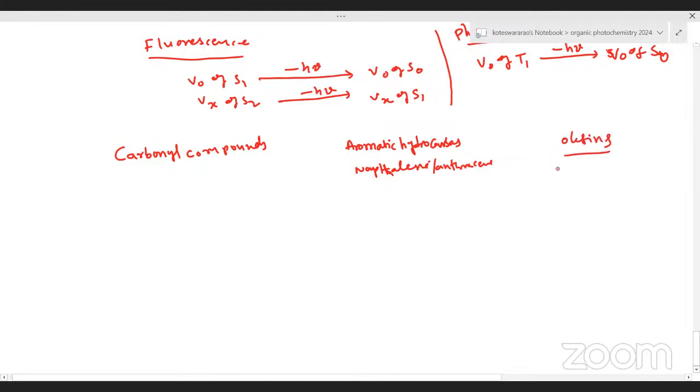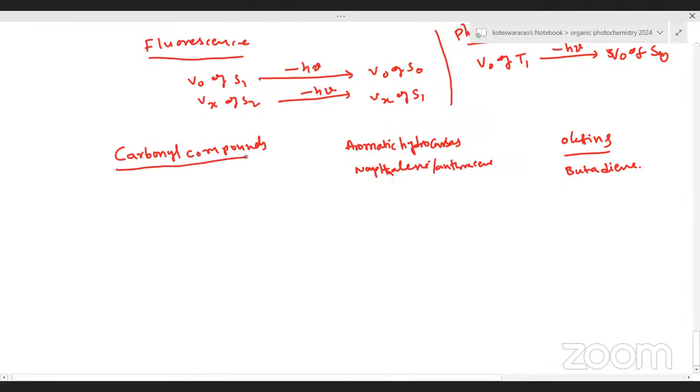Olefins means simple ethylene or conjugated 1,3-butadiene. So simply I am taking butadiene.